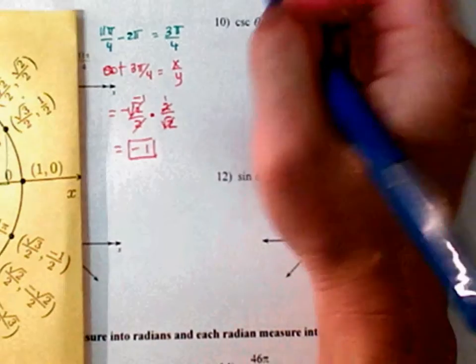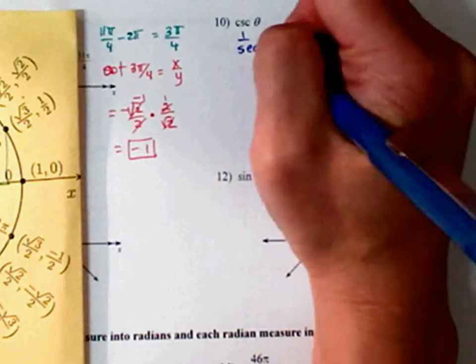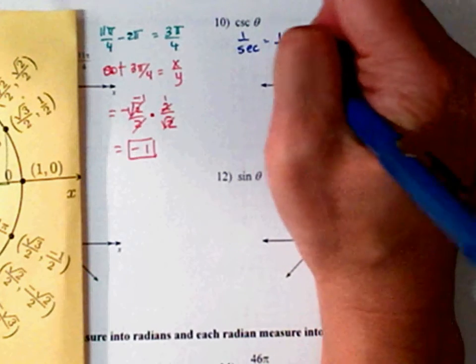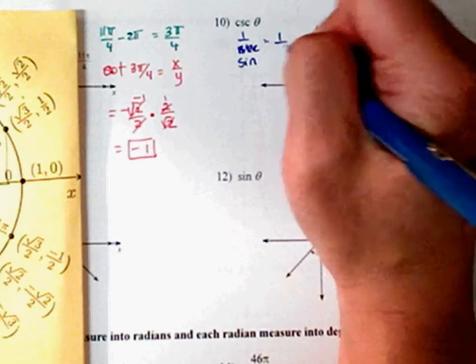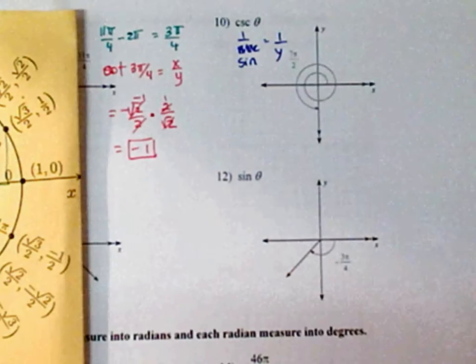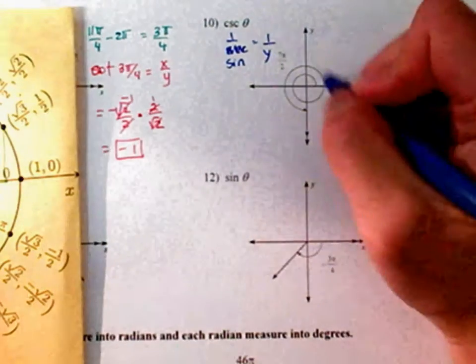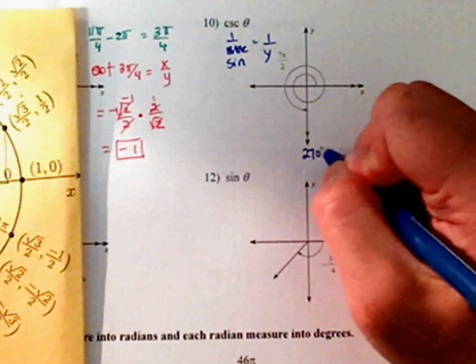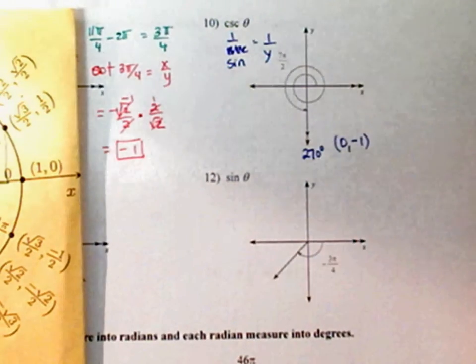Okay. Number 10, cosecant. Now keep in mind, cosecant is the same thing as 1 over secant, okay? Which is the same thing as, not 1 over secant, so sorry, 1 over sine, which is the same thing as 1 over y. So just keep that in mind. Okay, so I am at 270 degrees, and this coordinate right here is 0, negative 1, okay?